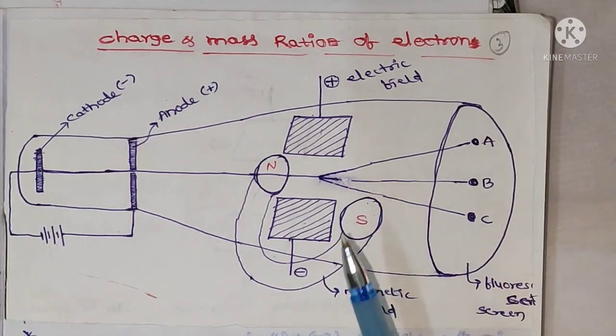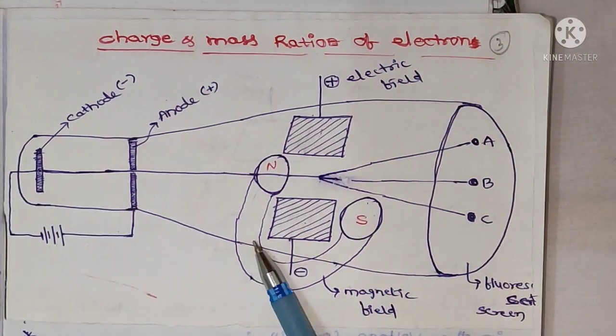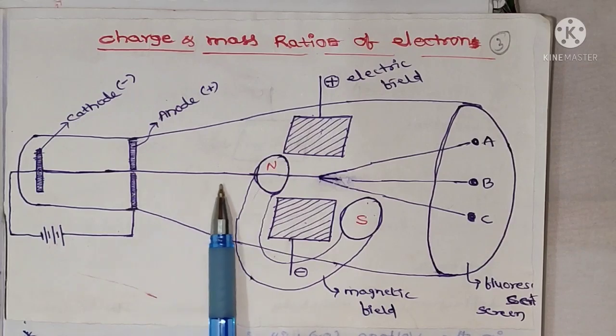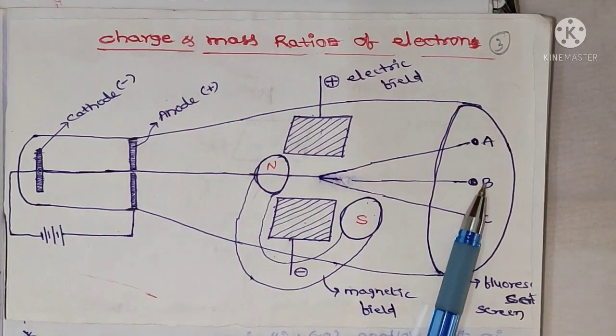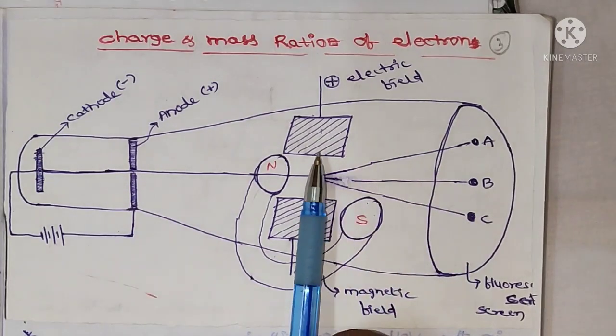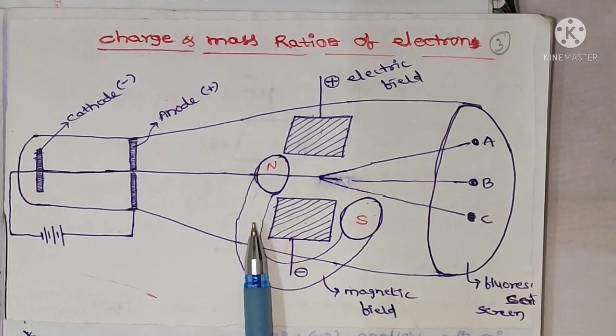In the same way, when both electric and magnetic fields are applied simultaneously, the electron hits the fluorescent screen at point B, same as in the absence of both fields.